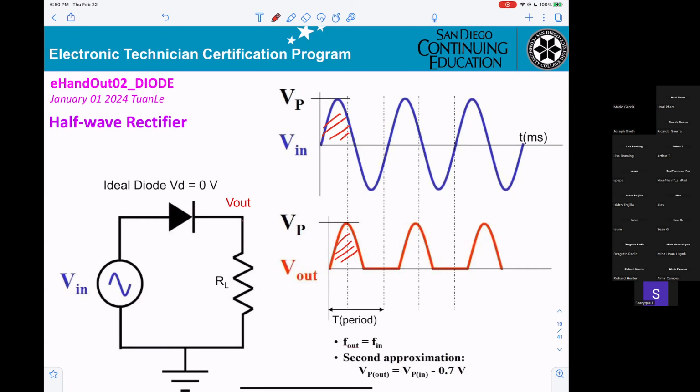When you get a negative, the diode will be off, so that's why it is 0. And they keep repeating again. This circuitry allows only the positive part of the signal to come out, but not the negative.